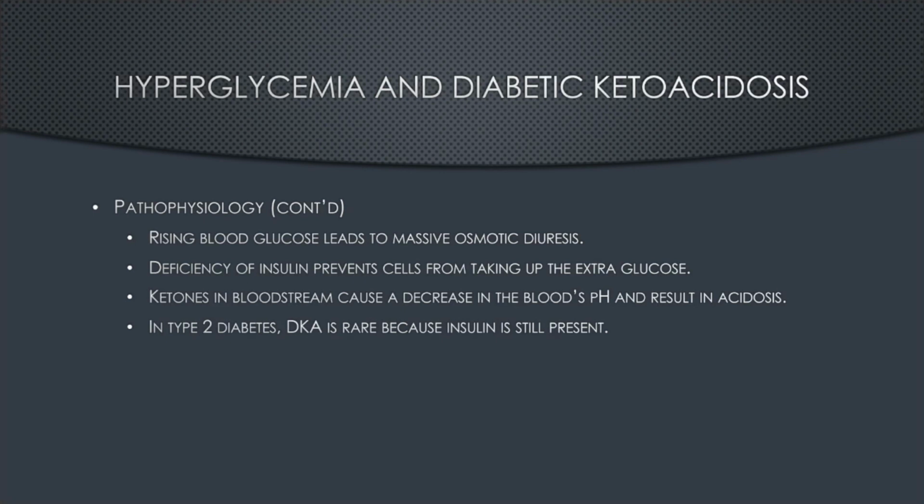Because glucose must be excreted in the urine in solution, the body loses excessive amounts of water and electrolytes, sodium and potassium, which may lead to disturbances in water balance and acid-base balances. Large quantities of ketone bodies in the bloodstream cause a decrease in the blood's pH and result in that acidotic state. In patients with type 2 diabetes, DKA is rare because insulin is still present. Remember, the body just doesn't use it very well, at least early on.